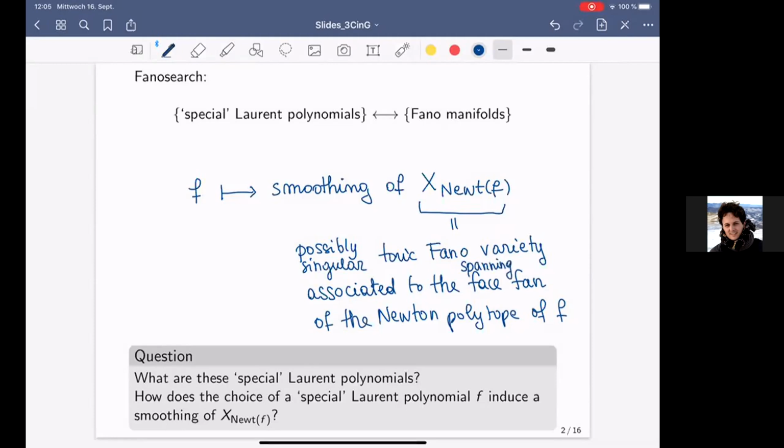So this polytope is not the moment polytope, it is not the polytope which gives a polarization of the toric variety, because this polytope lives in the same lattice as the fan. So it lives in the cocharacter lattice.